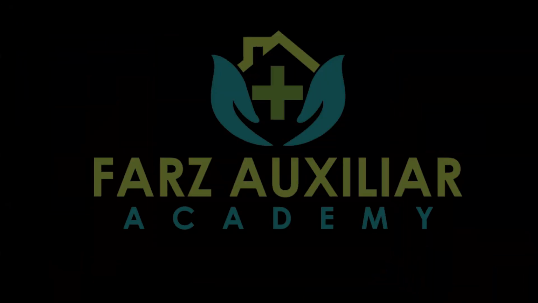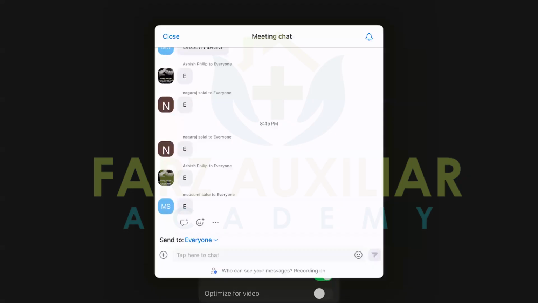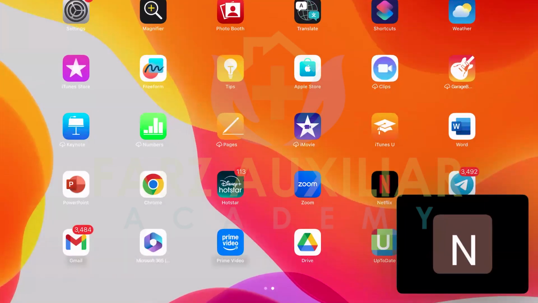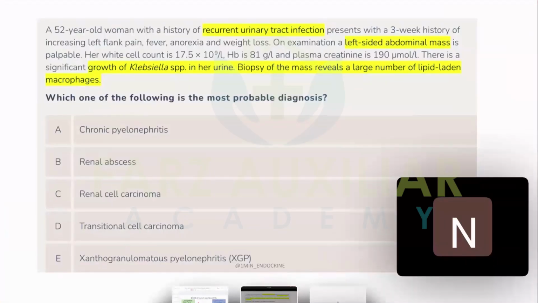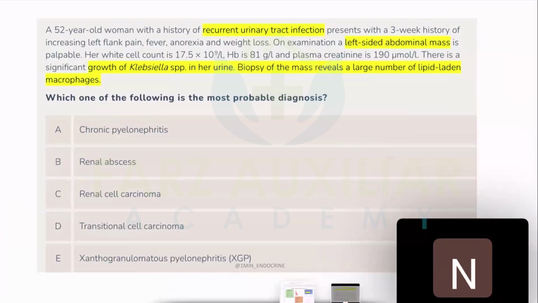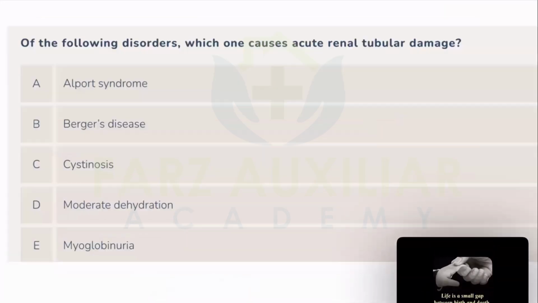So what is the answer here? I think everybody has written the answer already. Yeah. Xanthogranulomatous pyelonephritis. The lipid-laden macrophages with a left-sided abdominal mass. The answer is MRCP. Nothing much to discuss here.